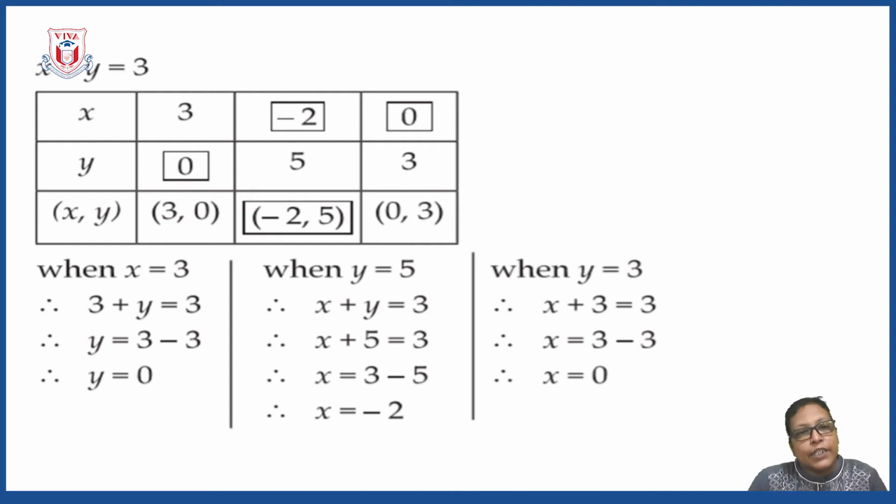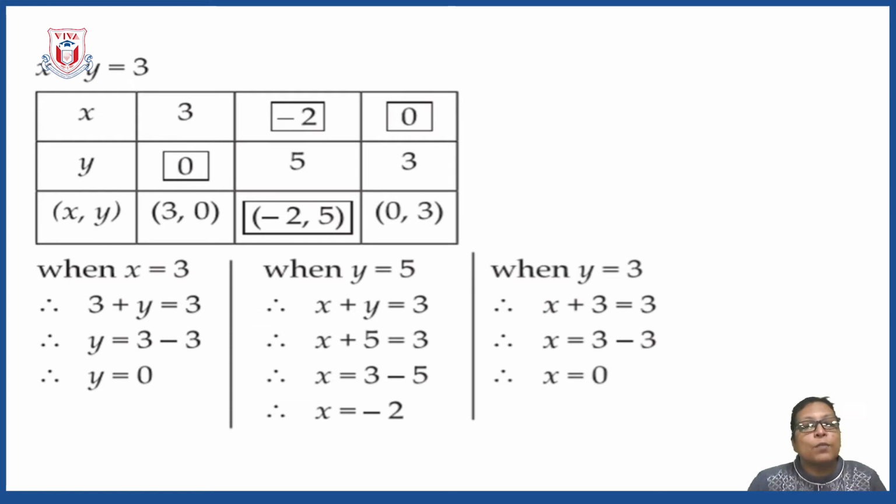x plus y is equal to 3. You can see that the value of x is given as 3. Below the table you can see the working is done, showing how the value of y is found. So when x is equal to 3, the equation becomes 3 plus y is equal to 3, and therefore y is equal to 3 minus 3, that is 0.